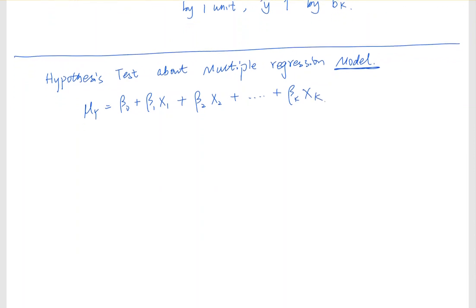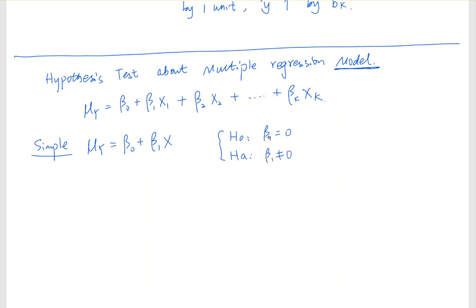Okay, remember what we tested for the simple regression. Still remember? We had mu y equals beta 0 plus beta 1 x, right? So this is for the simple regression. We want to test beta 1 equals 0 or beta 1 not equal to 0, right?